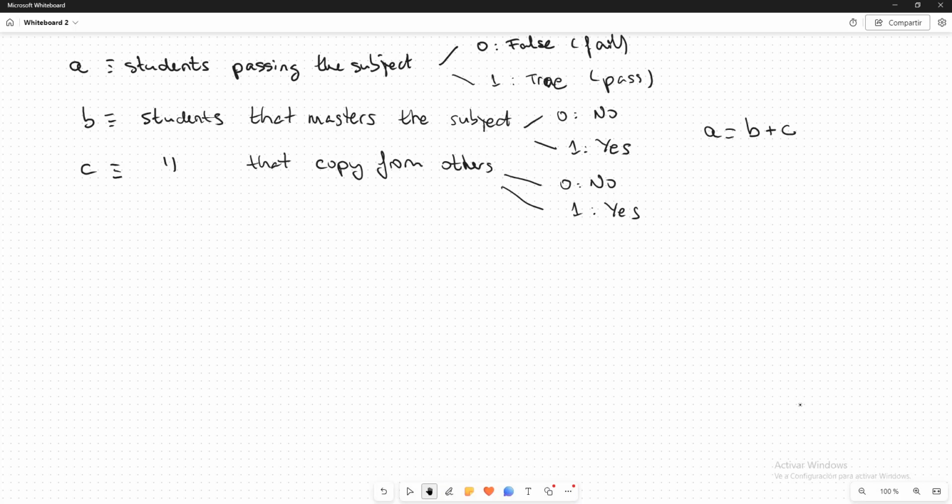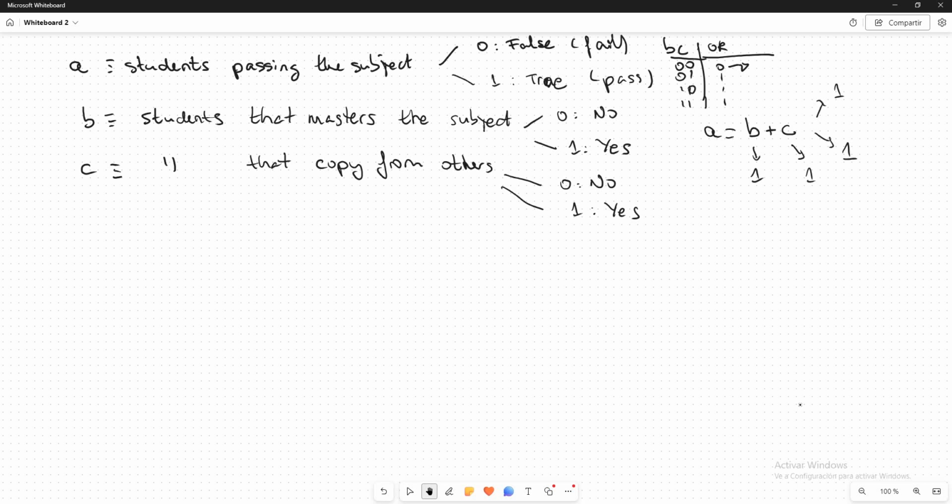So if this is 1, we have a 1, so they pass the exam. And if this is 1, they have copied, so they are going to pass as well. And both of them can be 1 at the same time. Maybe they have studied and they also copy. So in both cases, if you check the truth table of the OR gate, we have this case. So the only way of failing the exam is you haven't studied and you don't copy.